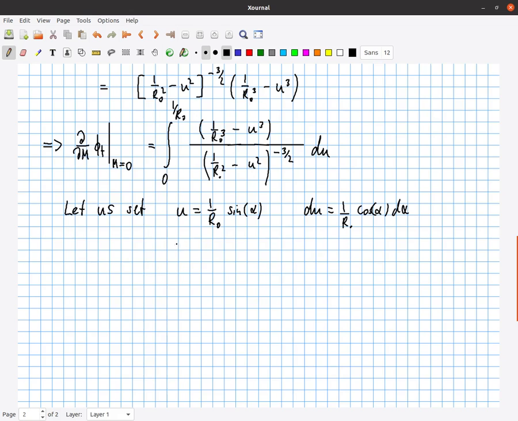Now we have that u equals 0 will correspond to alpha equals 0. We have a definite integral, so we need to be careful with our limits.